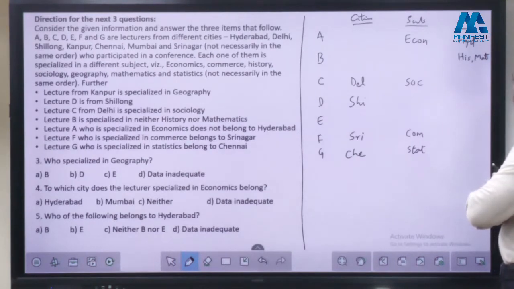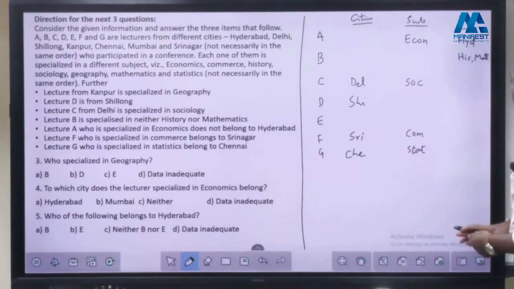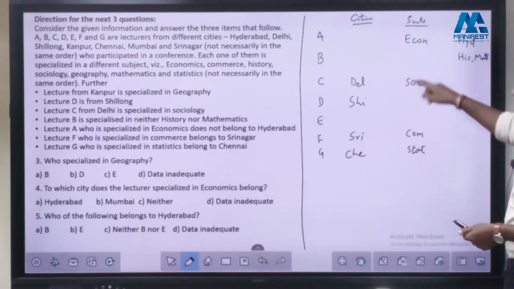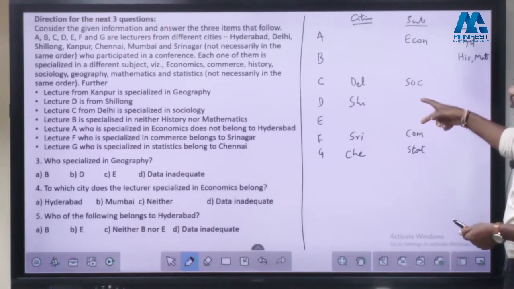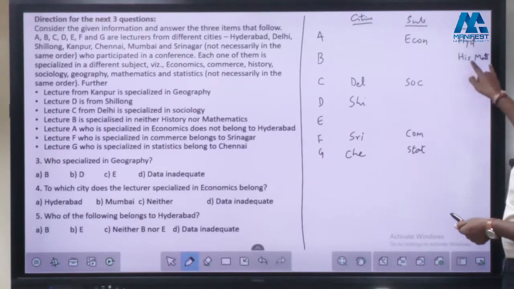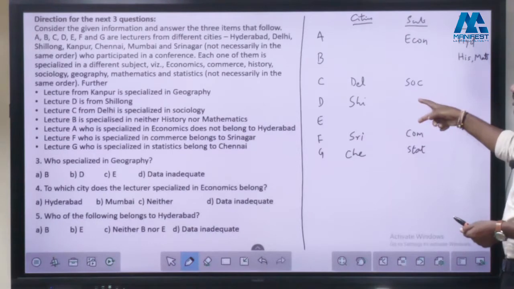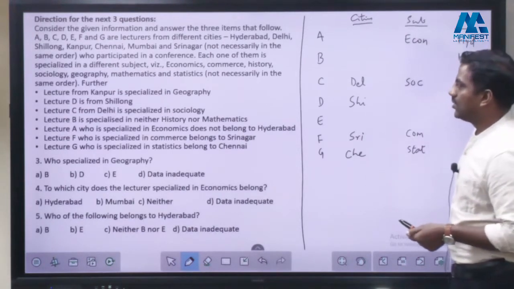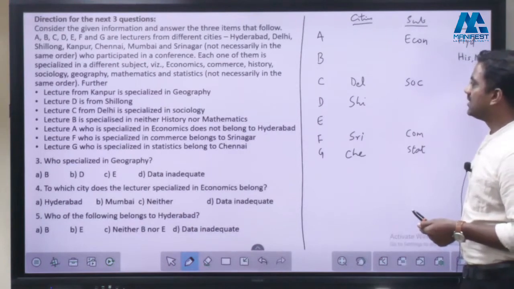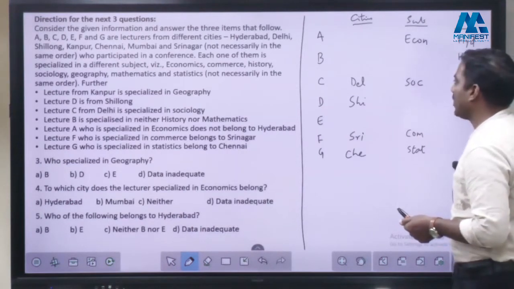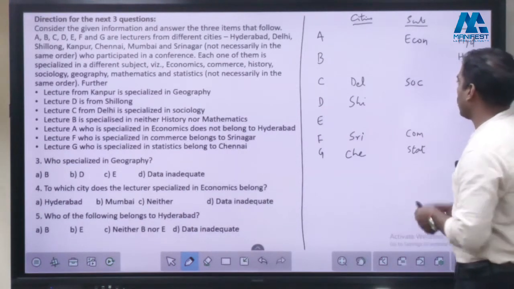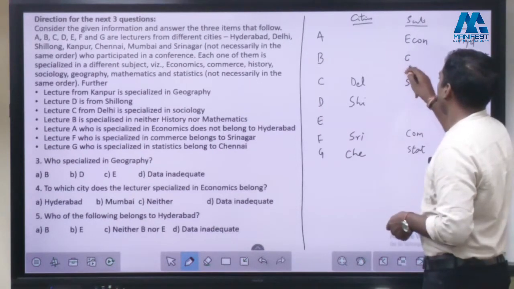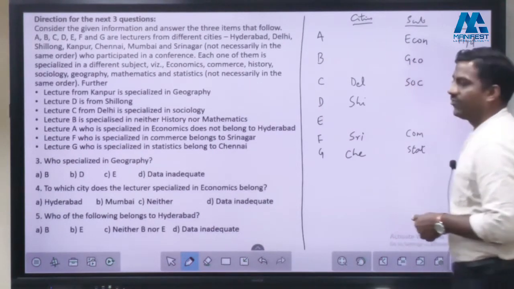See, if this person doesn't take history and maths, these subjects have to go to either D or E. He doesn't like history or maths. So what is left for B now among the subjects? Economy is done, commerce is done, history he cannot take, sociology is done, geography. So for B it is geography.